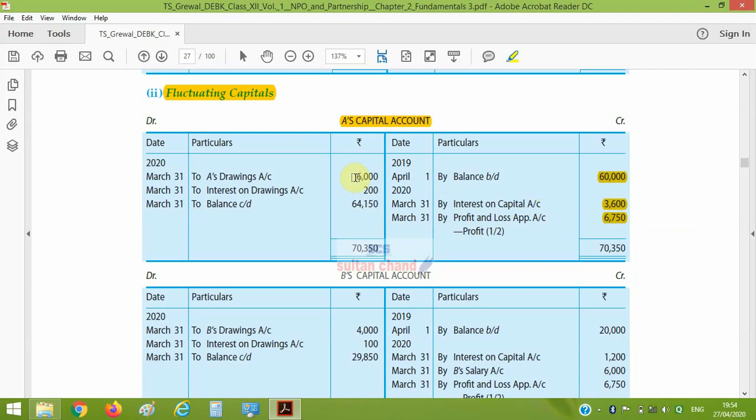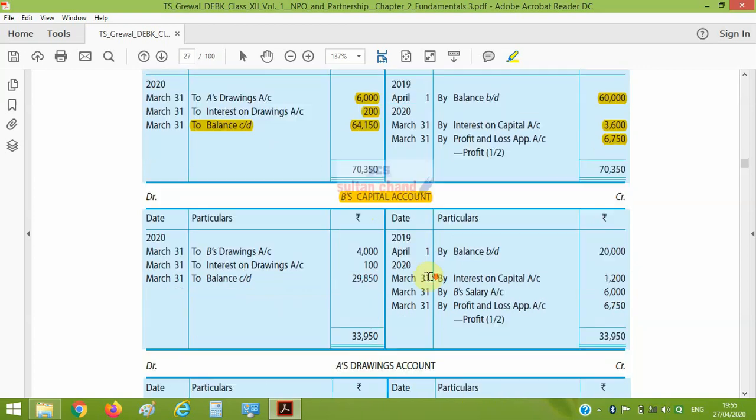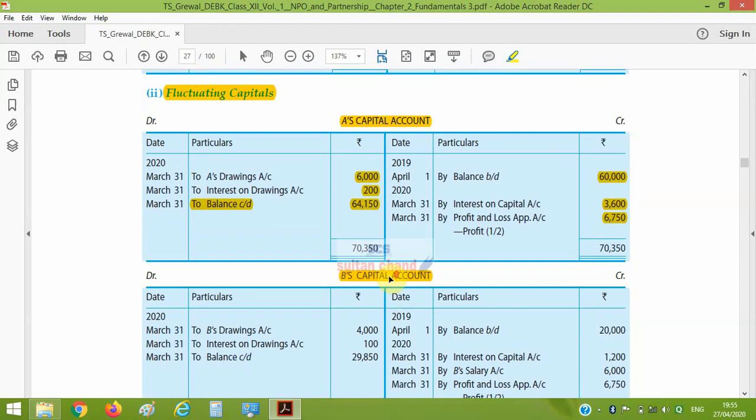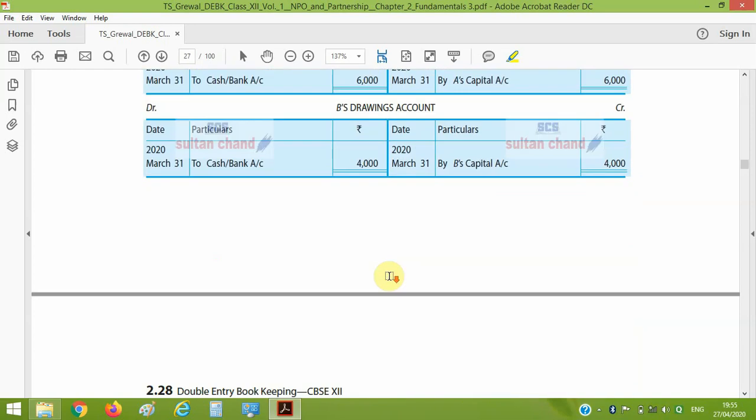On the debit side, drawing of partner A, interest on drawing of partner A, and balance is balance carried down 64,150, which will be shown under the liability side of the balance sheet. This is the way we prepare capital accounts under the fluctuating capital account system. And same with B's capital account, same entries are there. So I hope it is clear to all the students how we prepare capital accounts under the fixed system and fluctuating capital account system. Now we will move further.